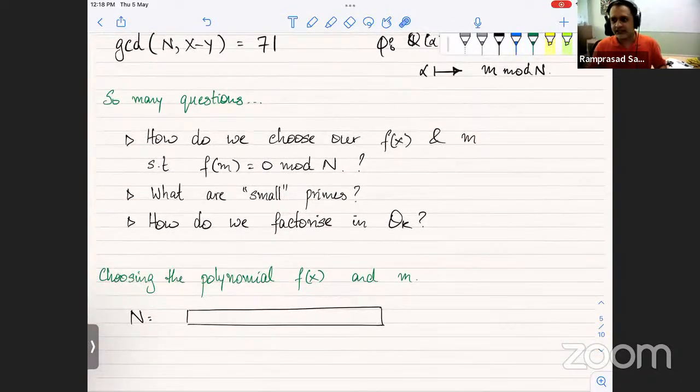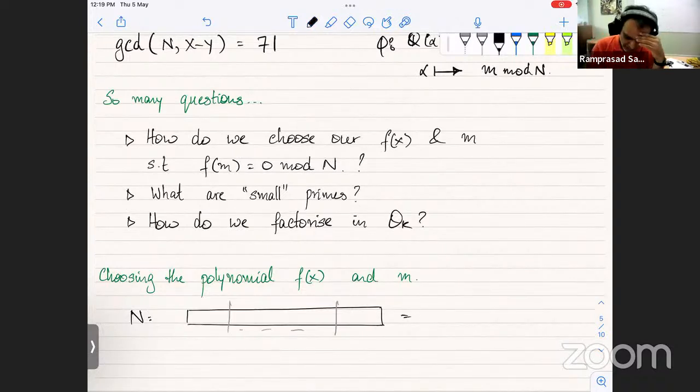I am given an integer n, and my goal was to factorize it. So I'll split this n into a bunch of blocks, let's say about d+1 blocks. That is, I'm taking the binary representation of n and chunking it up.